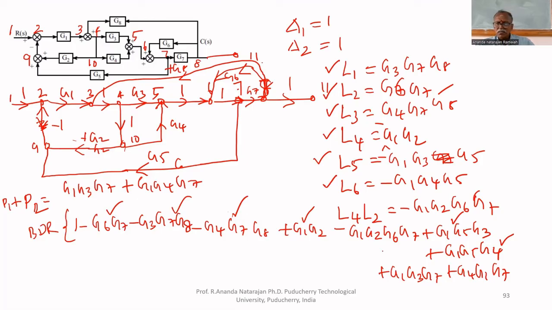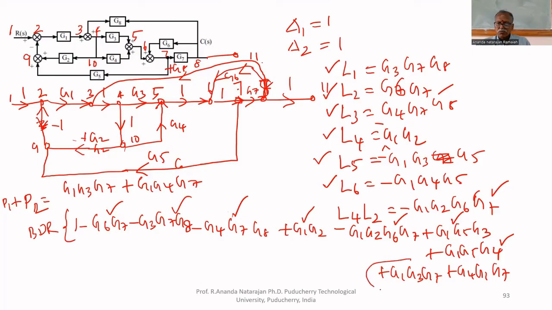G1, G2, G6, G7. Minus G1, G2, G6, G7, that is also we got.